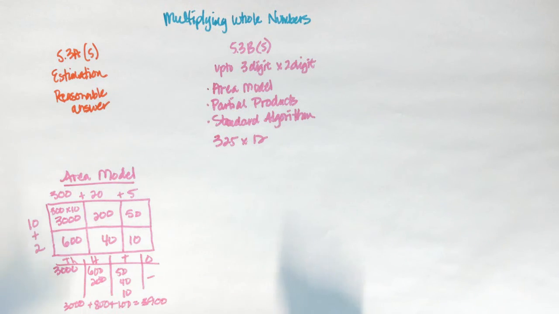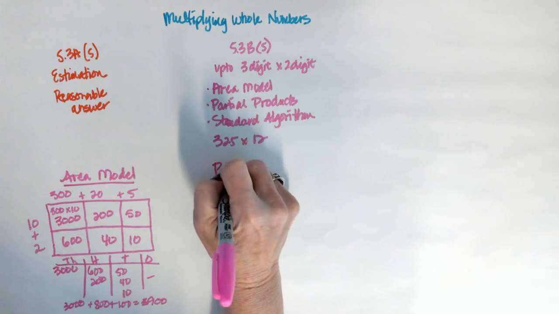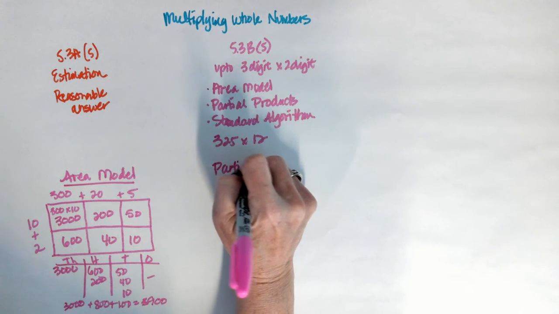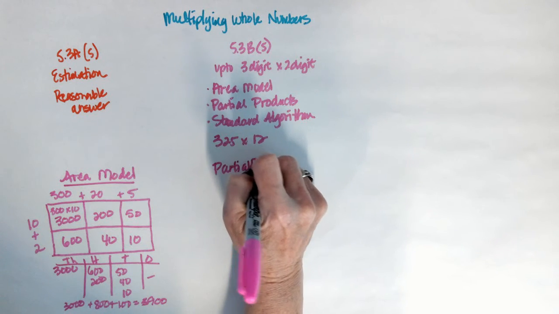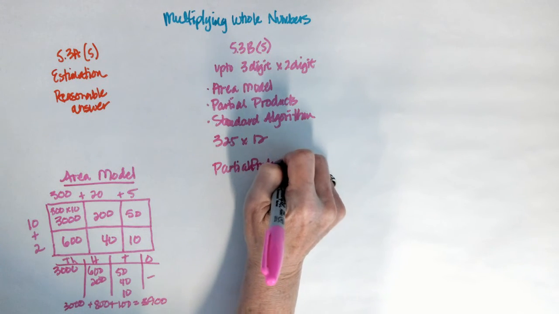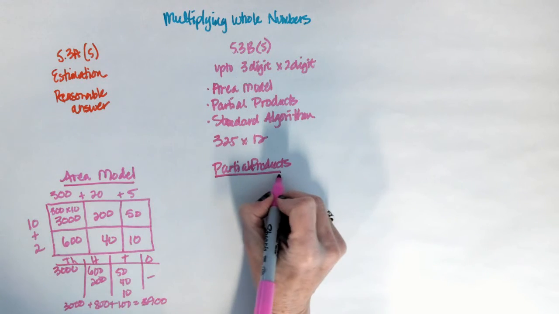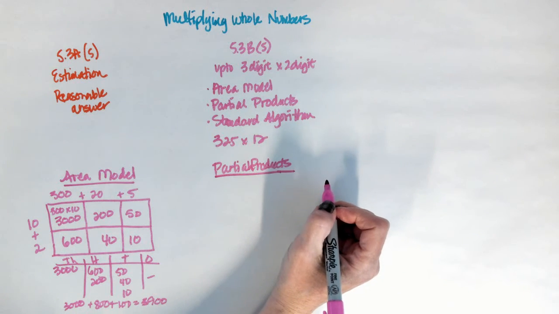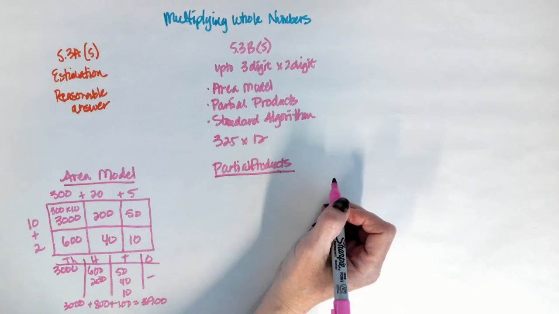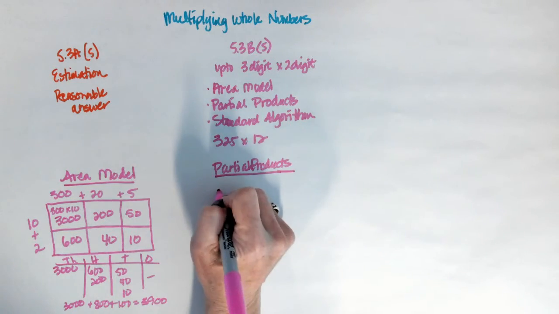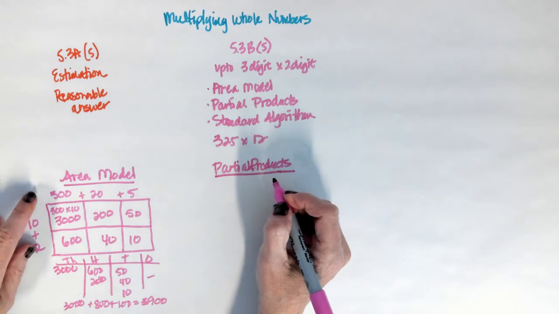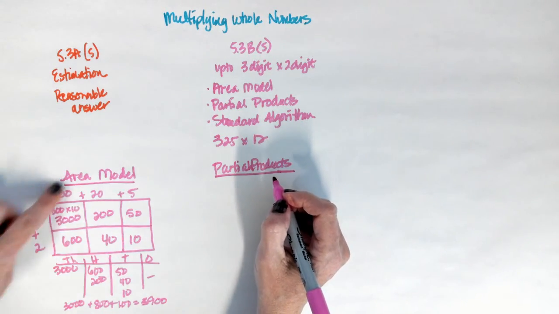Then you see kids move toward partial products, and there are varying levels of partial products. There are varying levels of how kids may be breaking the numbers apart for partial products. It's going to depend on their proficiency level. So you may see them thinking about these numbers very similar to the way they did in this.